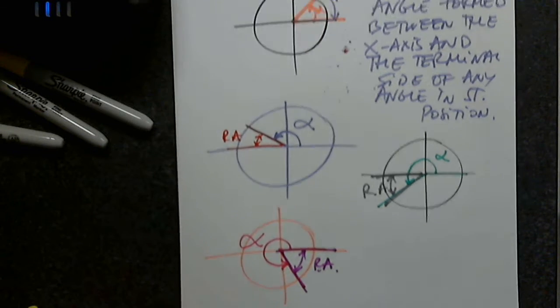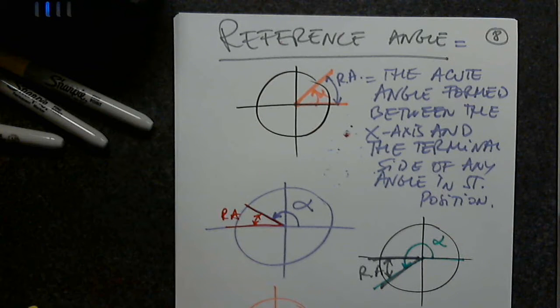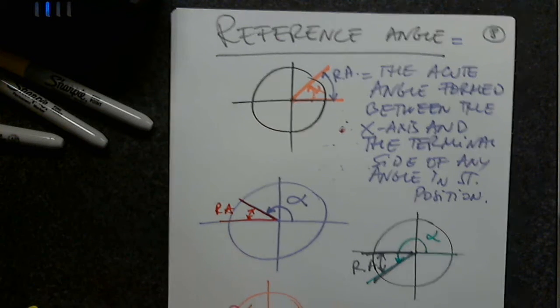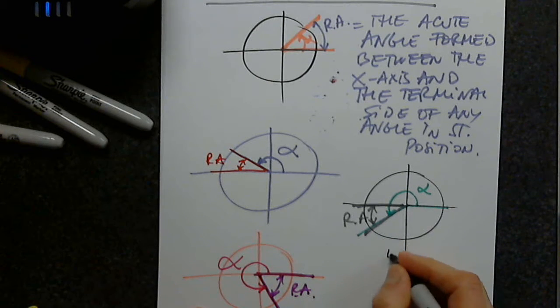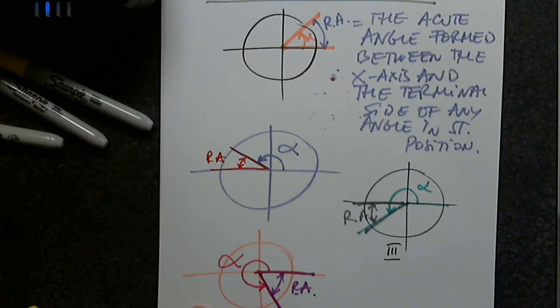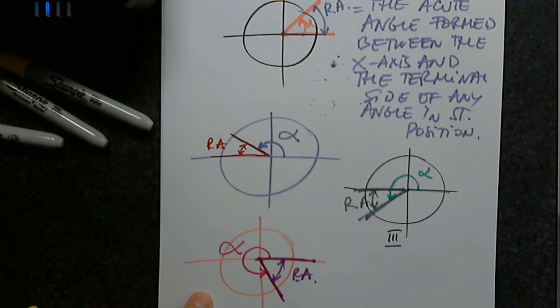The question now is, why do we even talk about the reference angle? Well, let's look at this one. Okay, so this is in the third quadrant. Let's suppose alpha is, so this is 180, I'm going to add 30 degrees.